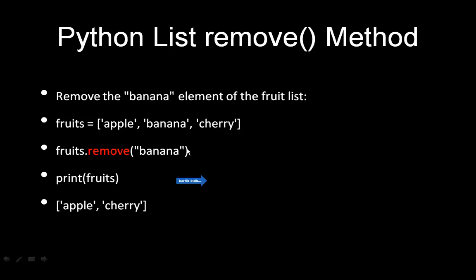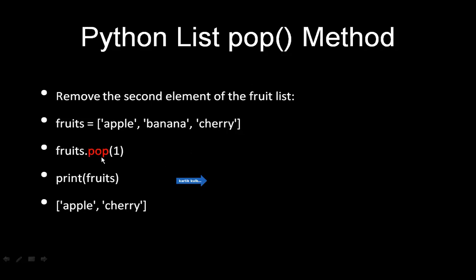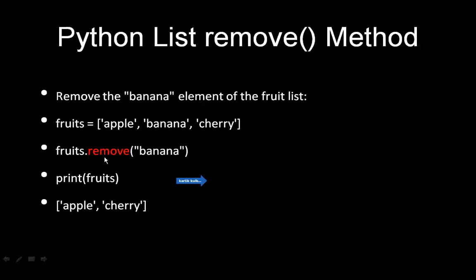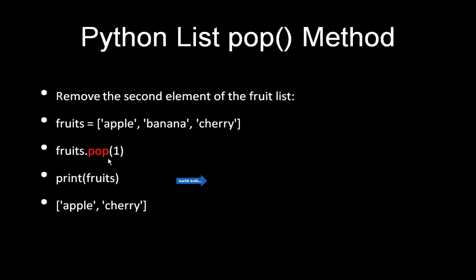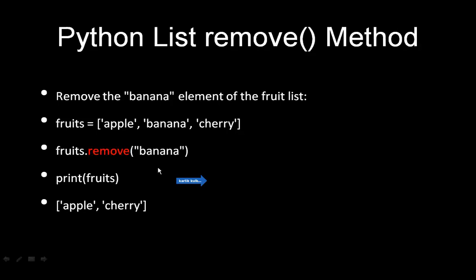If I want to remove an element from the list of fruits, I can do it in two ways. One, I can use the pop method, and another, I can use the remove method. So what is the difference between the pop method and the remove method?